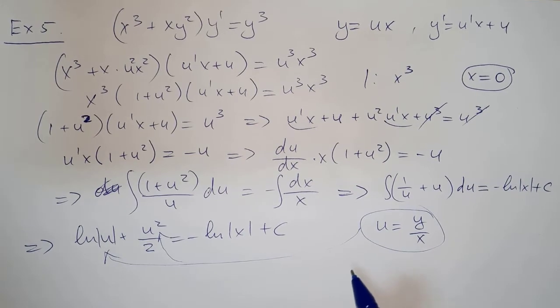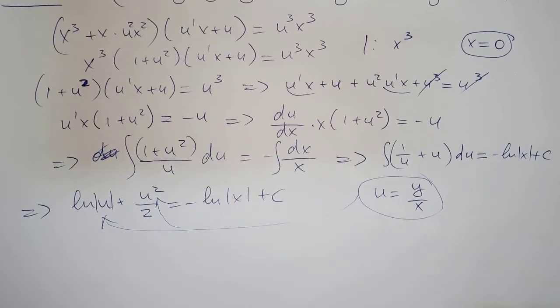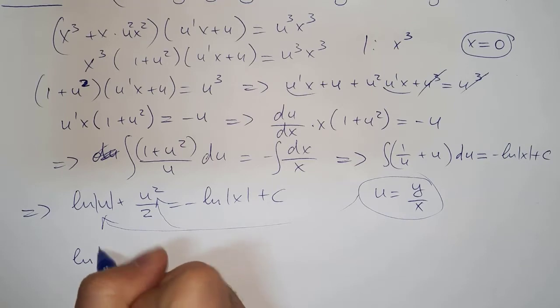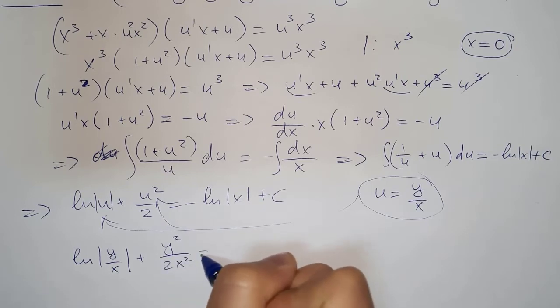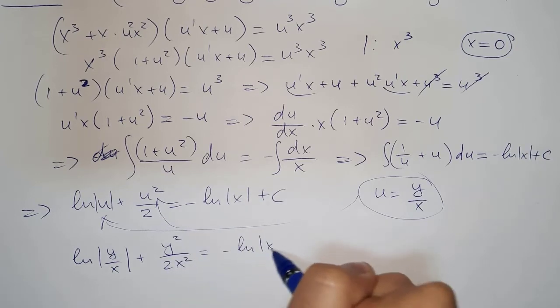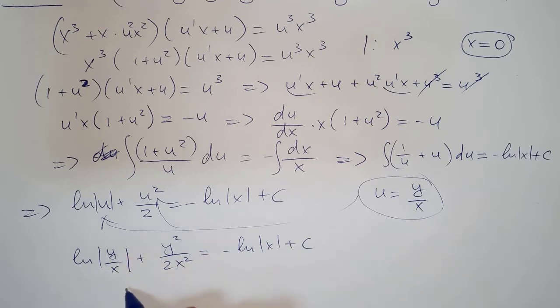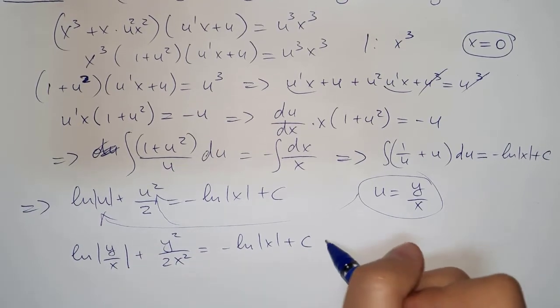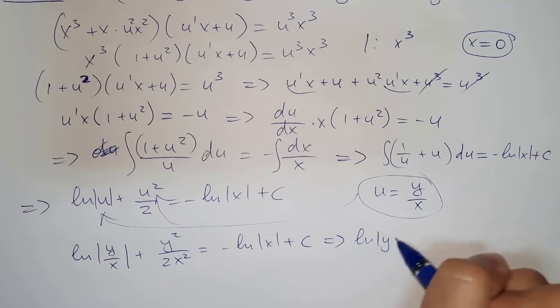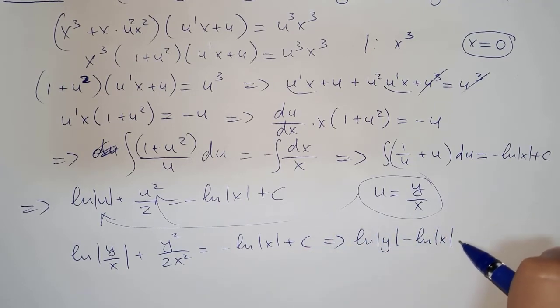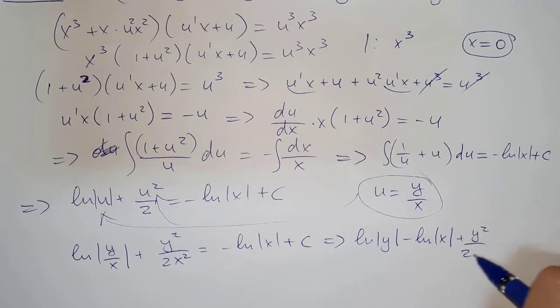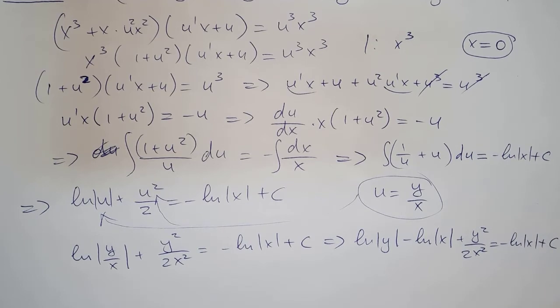Hence natural logarithm of y over x plus y squared over 2x squared equals minus natural logarithm of x plus c. And after opening this natural logarithm, it will be natural logarithm of y minus natural logarithm of x, as in the previous example, plus y squared over 2x squared equals minus natural logarithm of x plus constant.